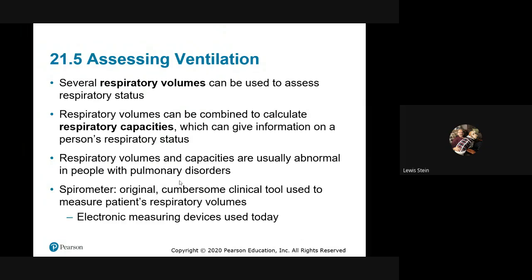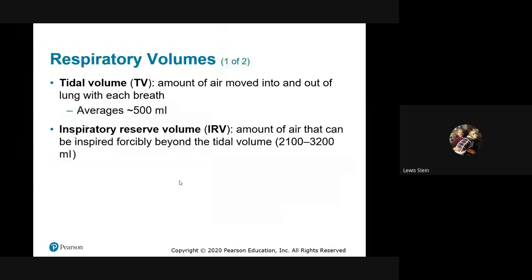On the other hand, if your vital capacity is diminished compared to what's anticipated, we call it a restrictive disorder. They can overlap. Emphysema is an interesting disease that overlaps, so you get little bits of both. Again, now we do it electronically, and that's what the iWorks technology that we've used a couple of times is for.